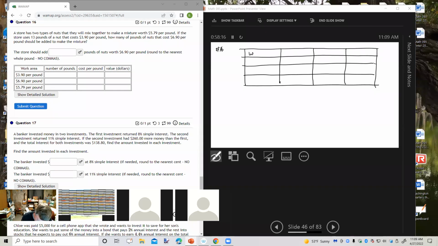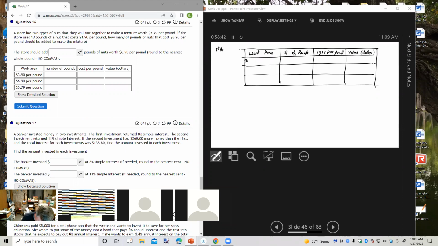So this is the work area: number of pounds, cost per pound, and value. And notice, unlike earlier problems where I said in cents, this is in dollars.